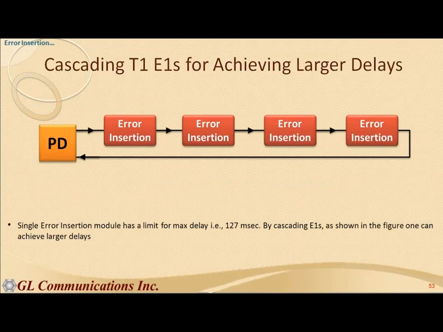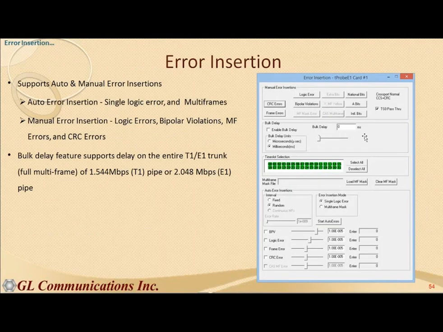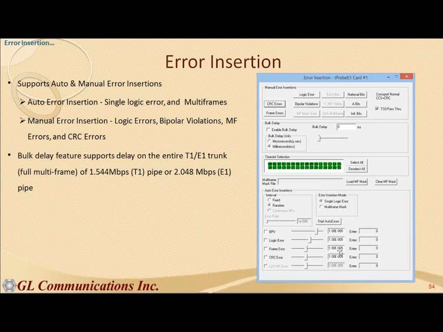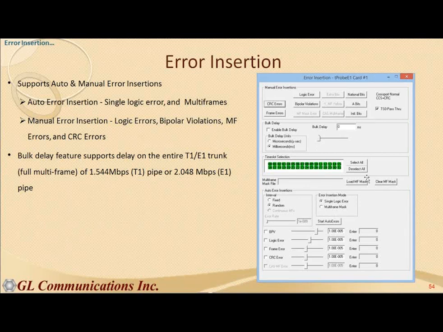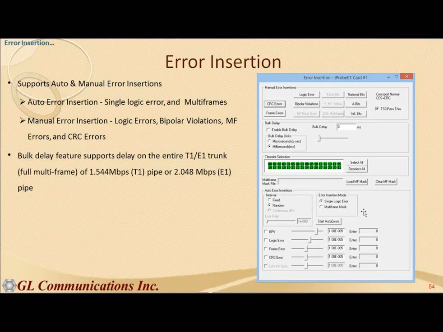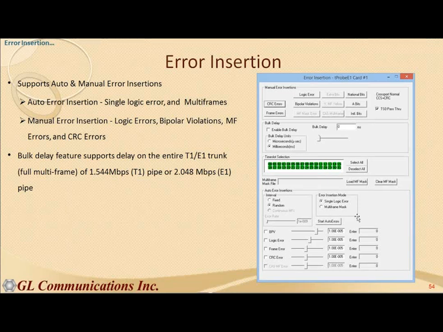Here's a way of achieving lots of delay: use the cascading error insertion application. Here's the actual error insertion application. It looks a little complicated, but it's not. It's very easy to use, and it has a lot of features. For example, look down here, automated error rate.